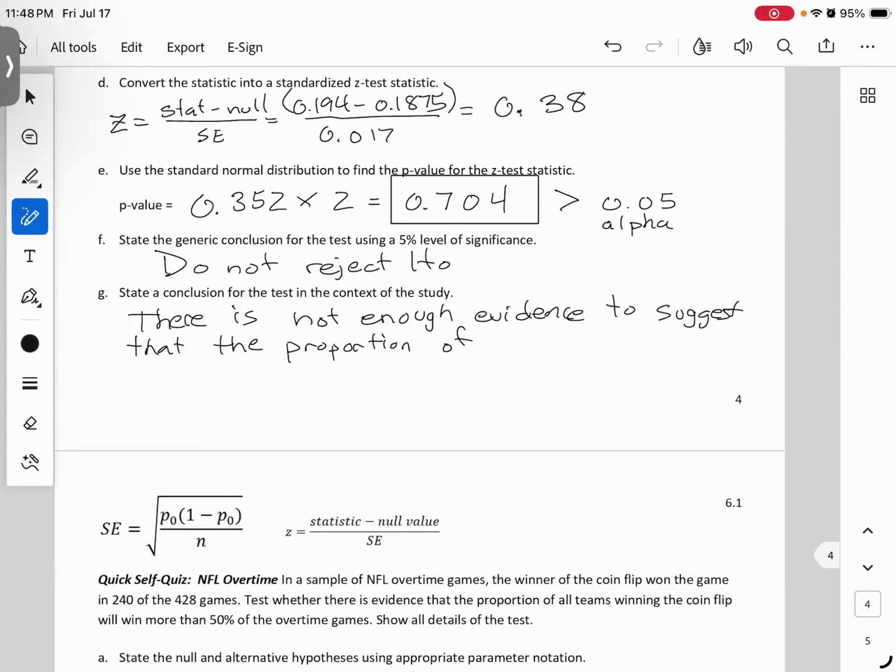It was whether the proportion of plants with smooth green peas differs. In other words, there's not enough evidence to argue against Mendel. Mendel might still be right. We're not going to say we accept Mendel's theory. We just don't have enough evidence against it.